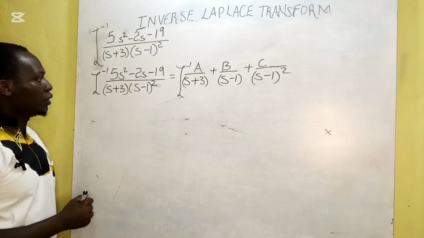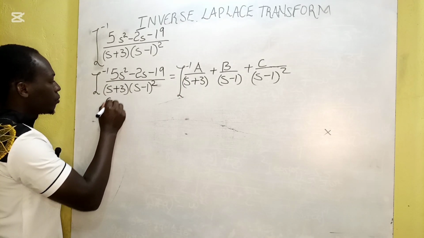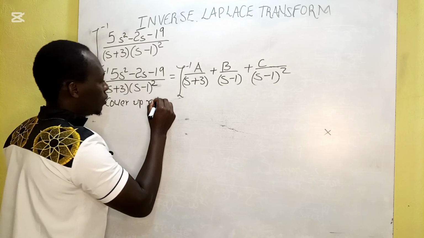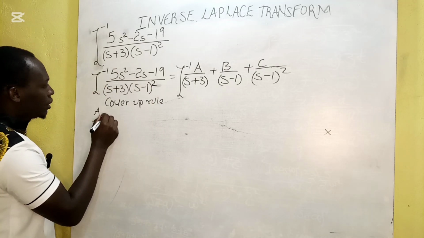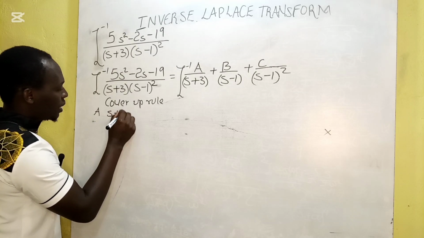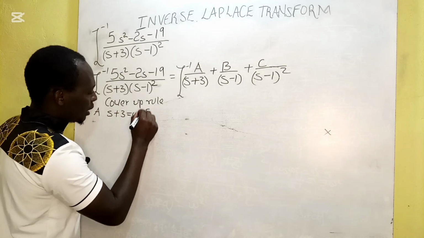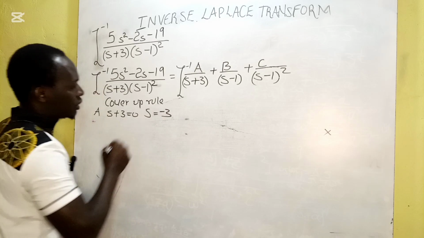Let us get the value of A using the cover-up rule. For us to get the value of A, we set s + 3 equal to 0, meaning that s will be equal to negative 3.